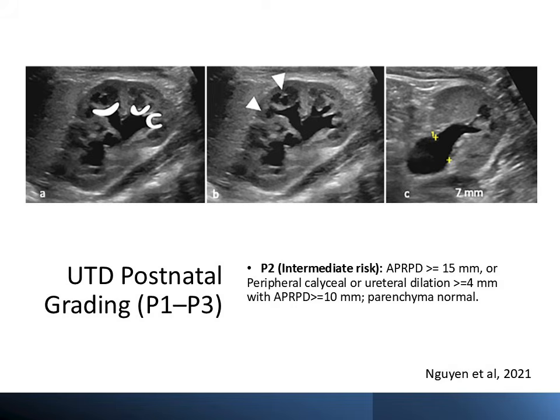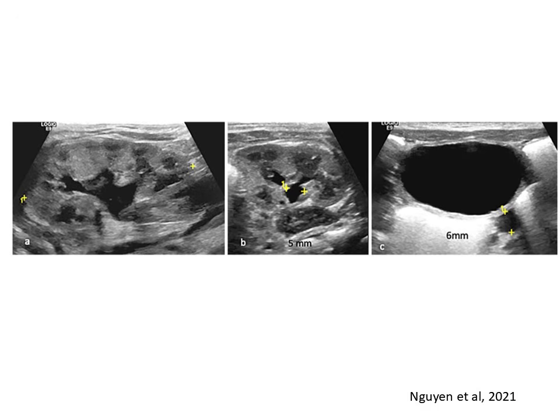The bladder was normal and there was no ureteral dilation, not shown. Urinary tract dilation classification P2.